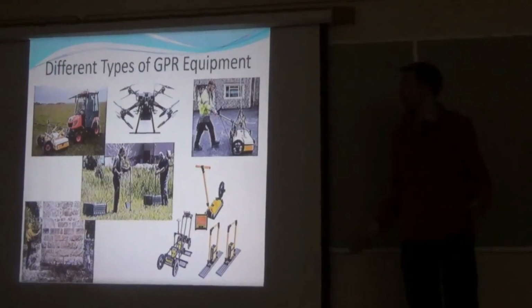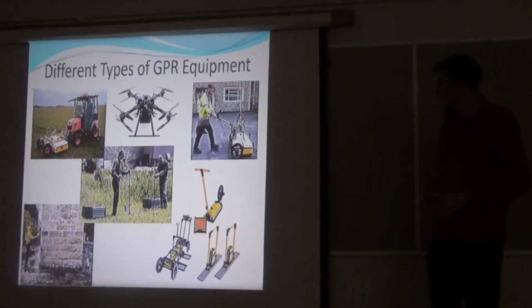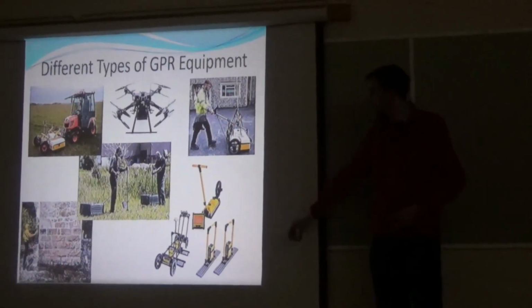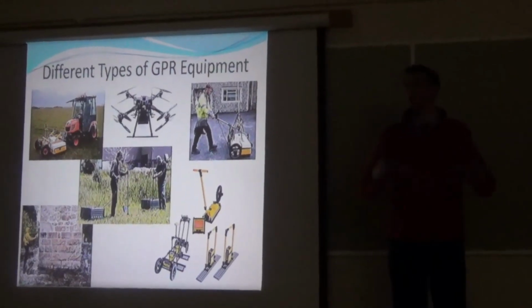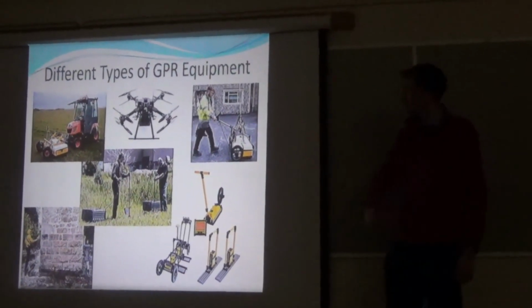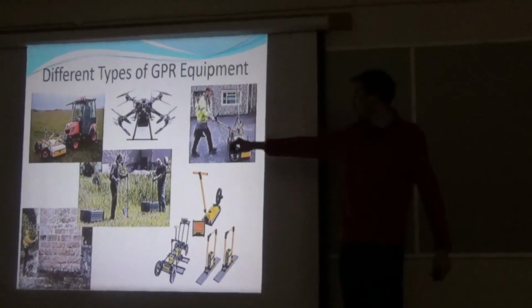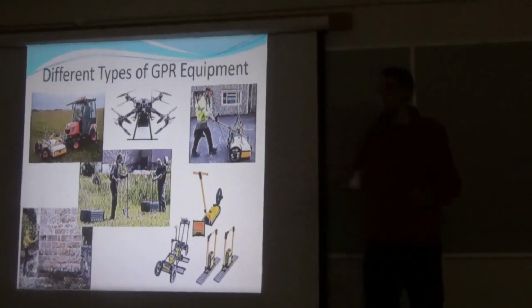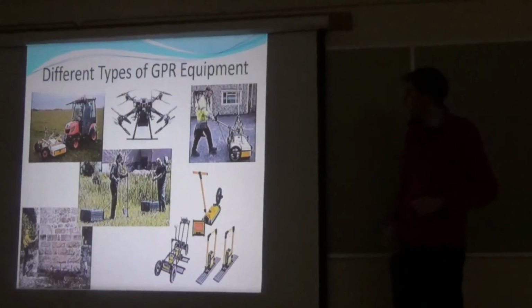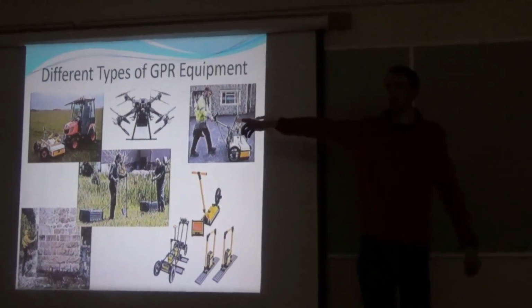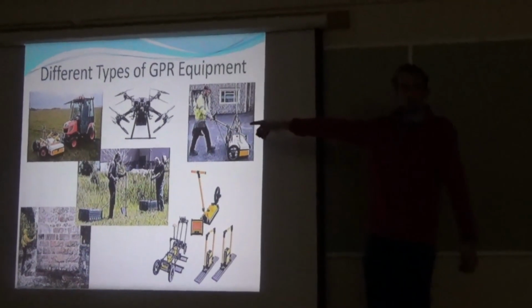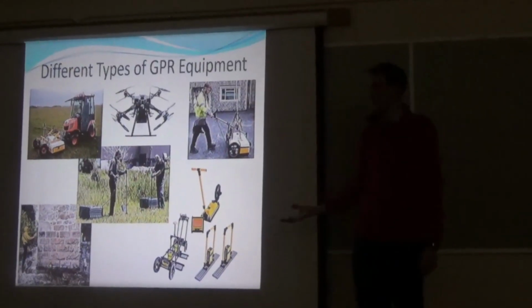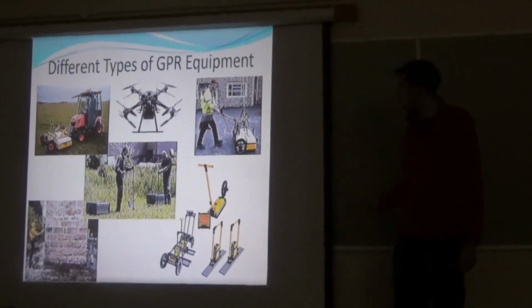There are lots of different types of radar equipment out there. There's lots of companies who produce it nowadays. We get ours from Canada, from a company called Central Software, and you can do lots of different things with it. You can put it in front of a vehicle to use multi-spectral imaging, multi-scan. You can even fit it to a drone. There's some companies looking at drones, looking at surveying for underground services, so water pipes.